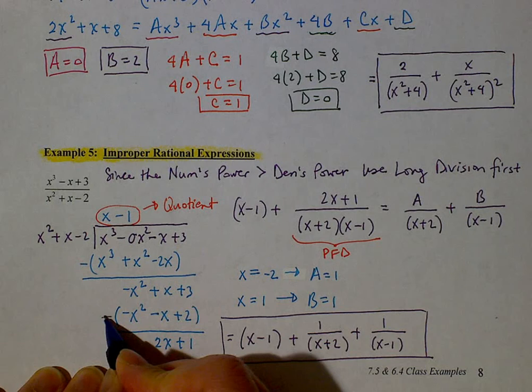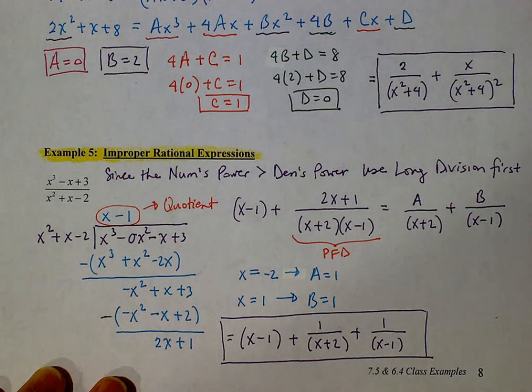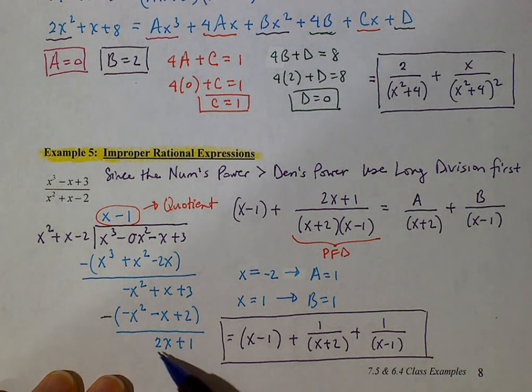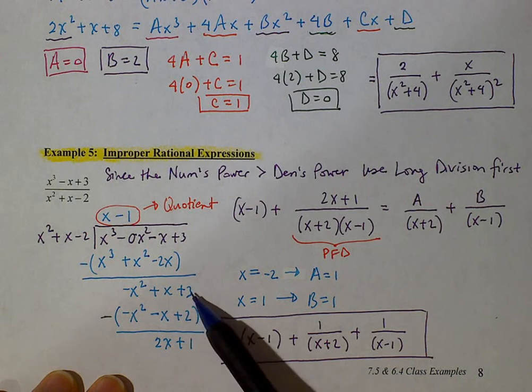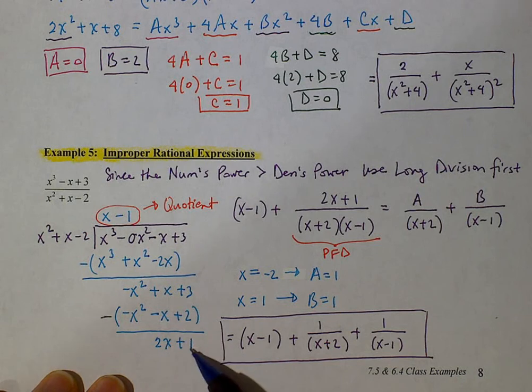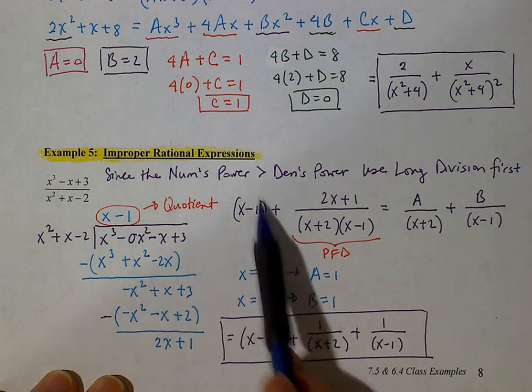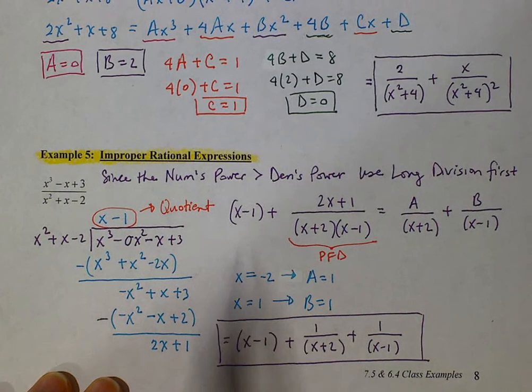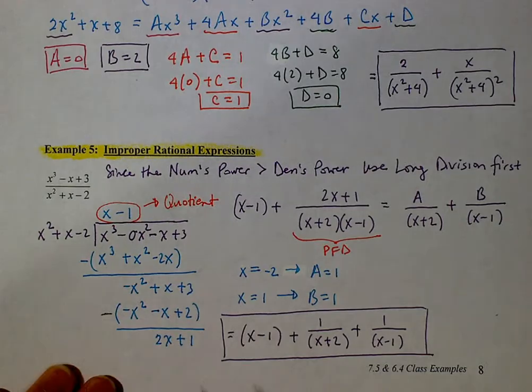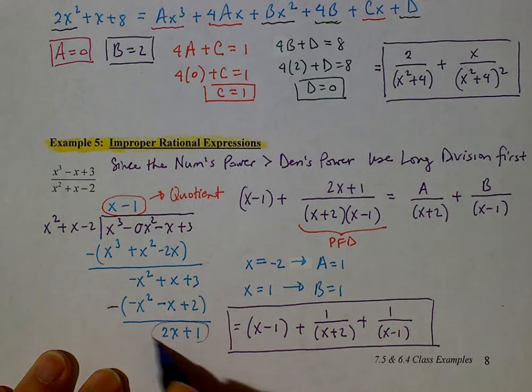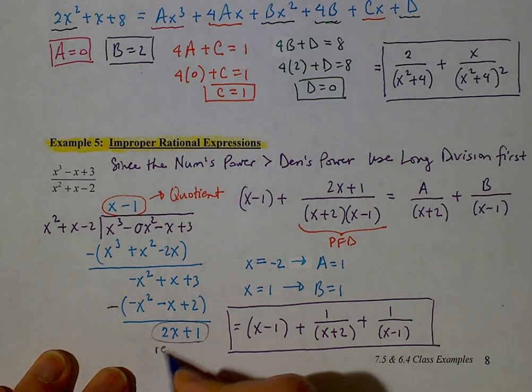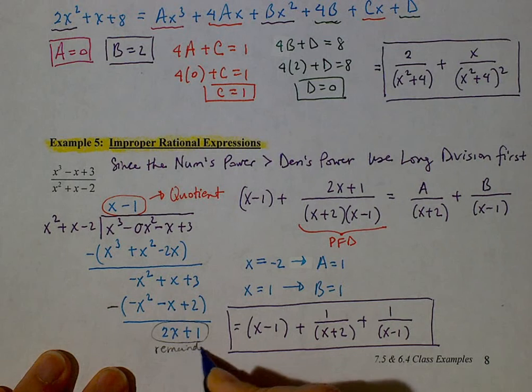Okay, then I'm going to subtract everything. So if I subtract that, this gives me a 2x, and then 3 minus 2, which is a 1. So this right up here is your quotient. So I'm just going to rewrite that separately. And this is my remainder.